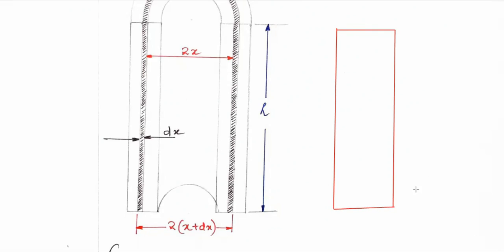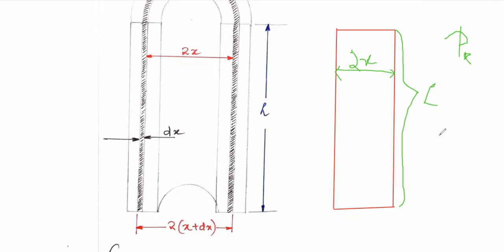This is the area on which Px will be acting. In this rectangular or projected area, this distance is L, and this distance is 2x. So this is the rectangular area where your pressure Px will be acting.